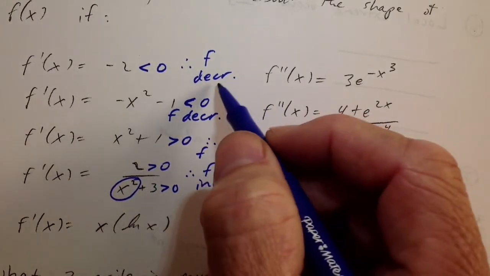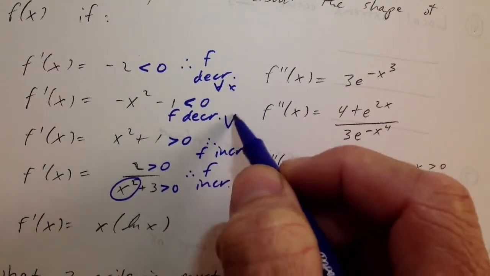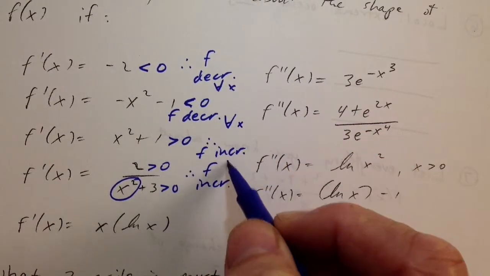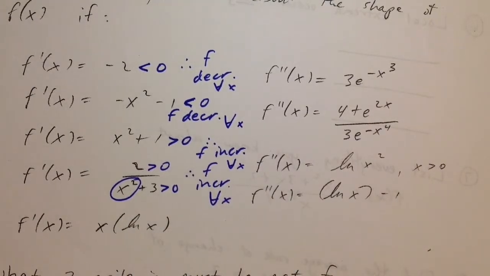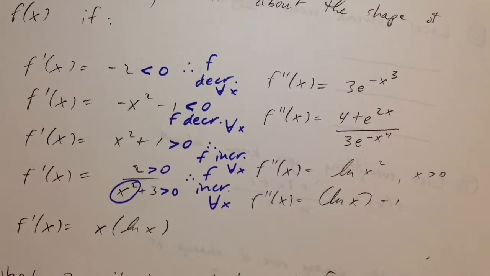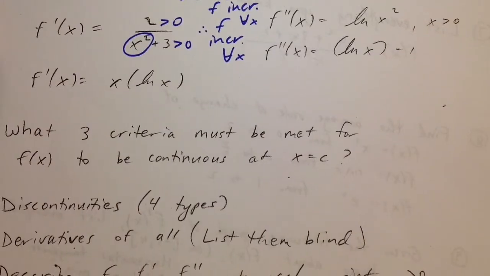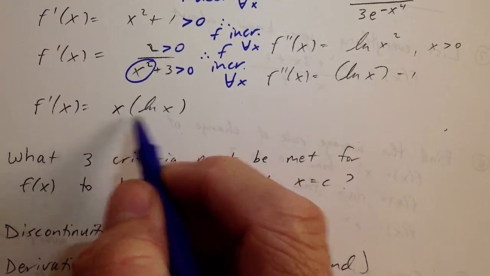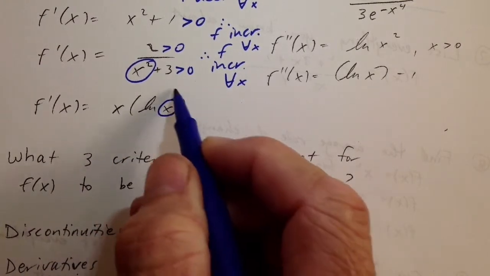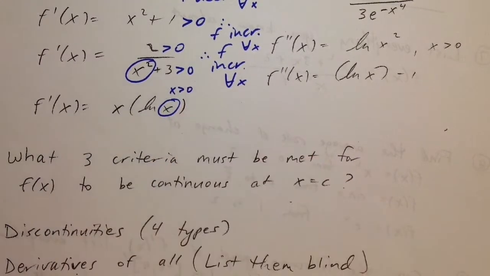And I should say for all x, that upside down capital A means for all x. Okay. Then we get to this f prime of x is equal to x times ln of x. Well, first of all, the domain of this is x has to be greater than 0.